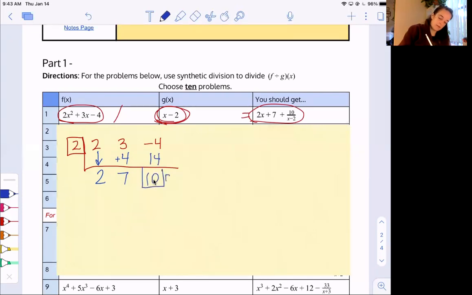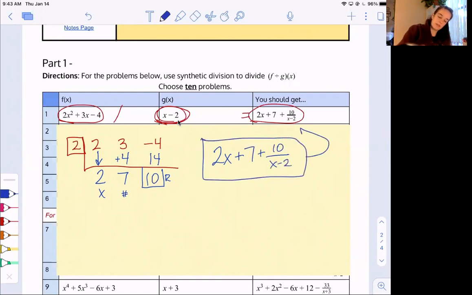This is going to be my remainder, my number, and my x. So I would have 2x plus 7 plus 10 over my original denominator, x minus 2. And I see that this matches the question that was here. So I know that I got it correct.